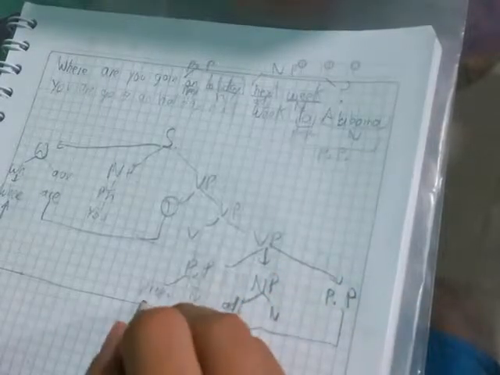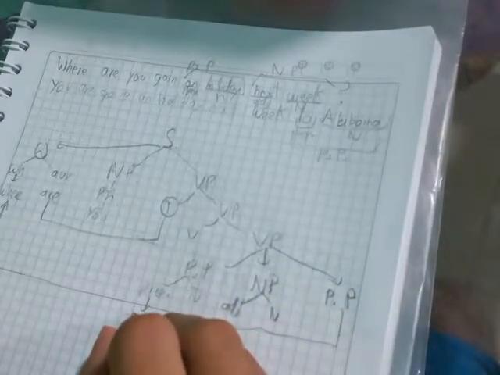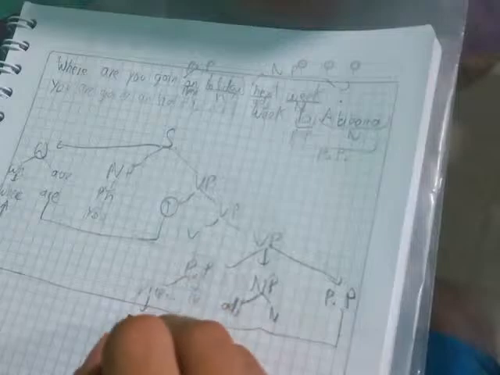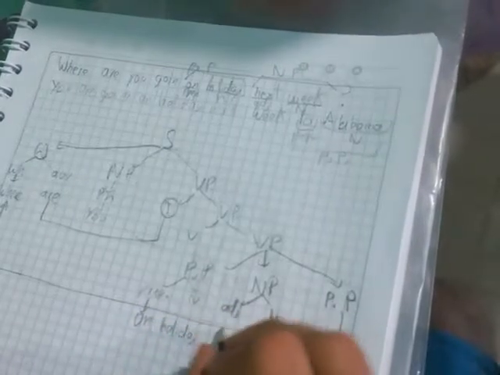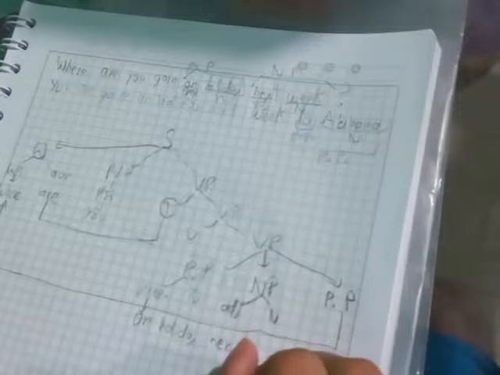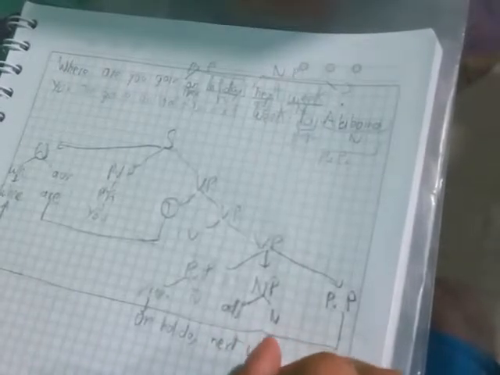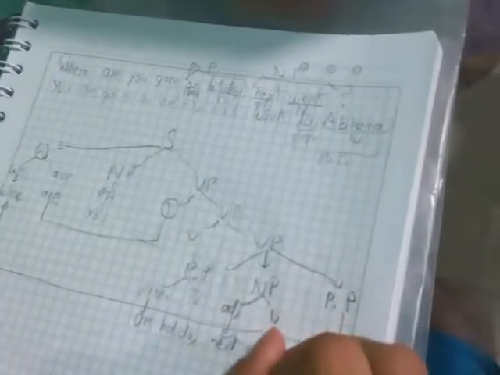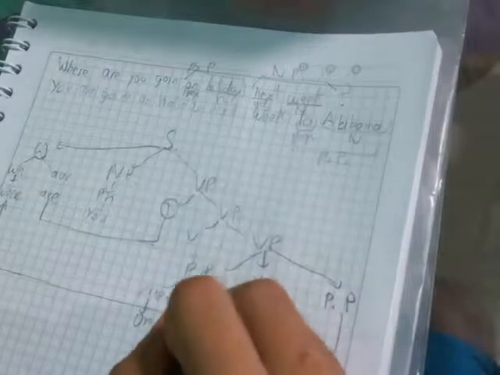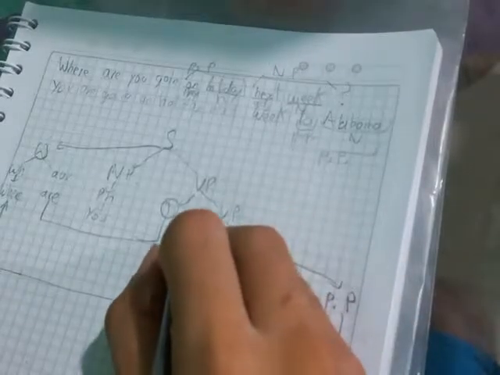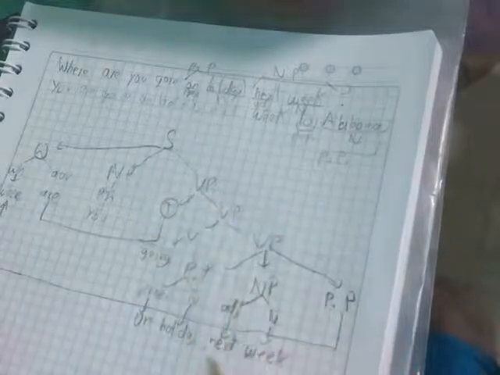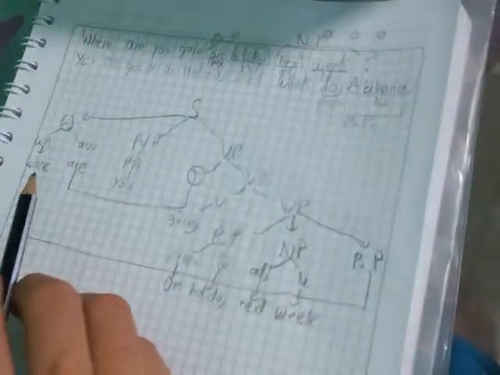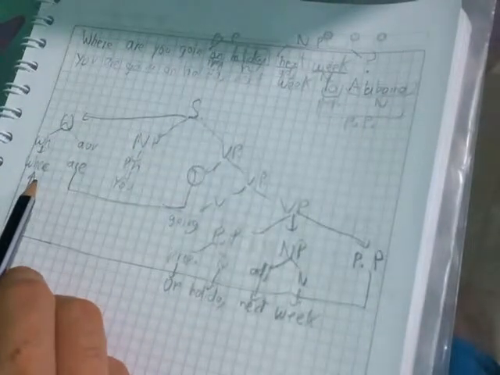Then we replace the parts: on holiday, next week. And we connect every part. And in this case, the verb would be going.